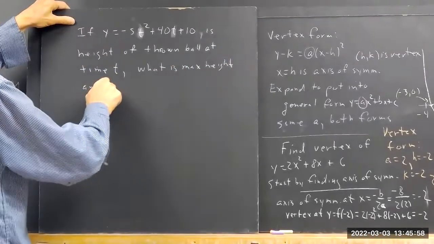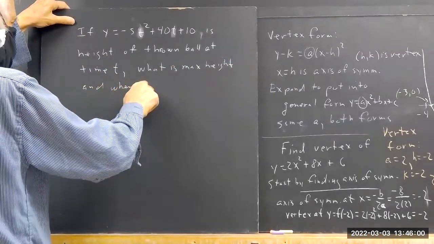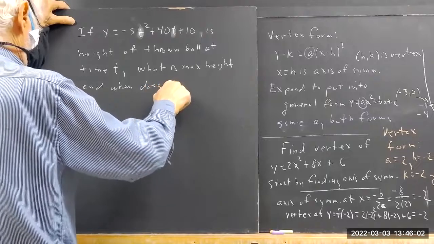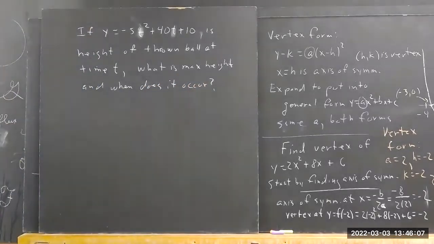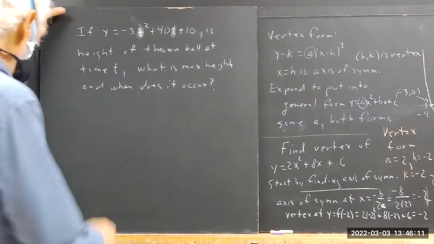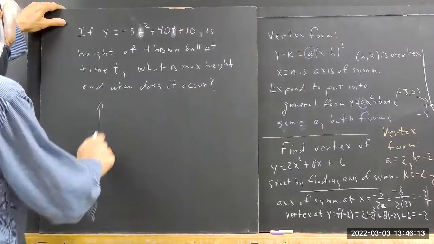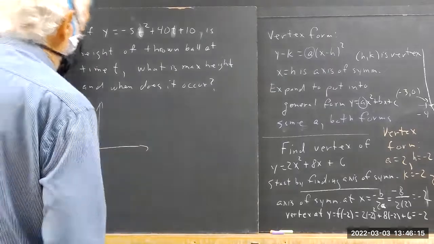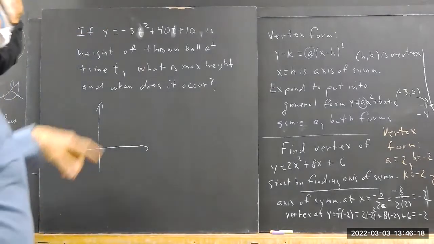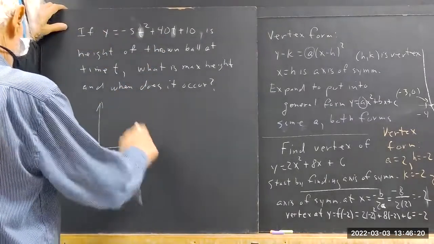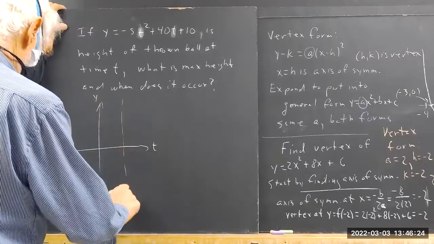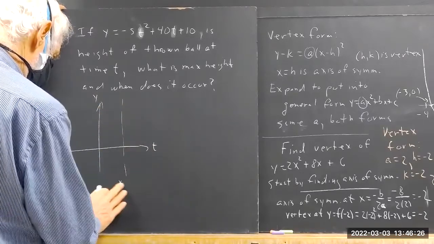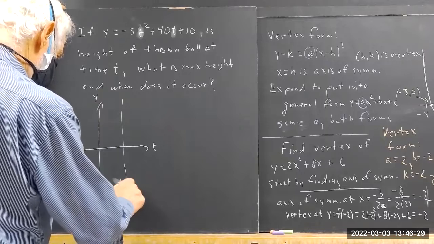The maximum height, when does it occur? Well, the graph of this is going to be a parabola, and you can graph it. The axis of symmetry, so you're going to have t instead of x, and y. t, not x.